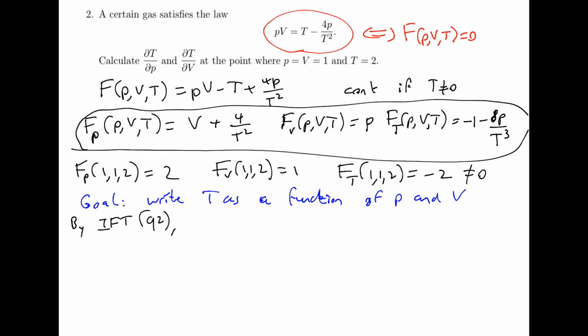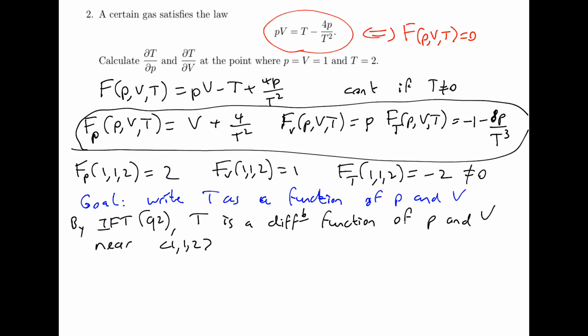We have that t is a differentiable function of p and v near 1, 1, 2. And again, we don't have to be more explicit, because the only thing that we need to compute is the derivatives. So now it remains to compute the derivatives.